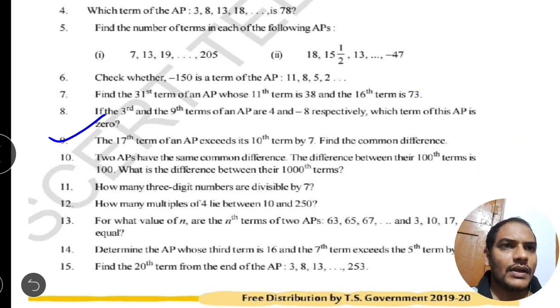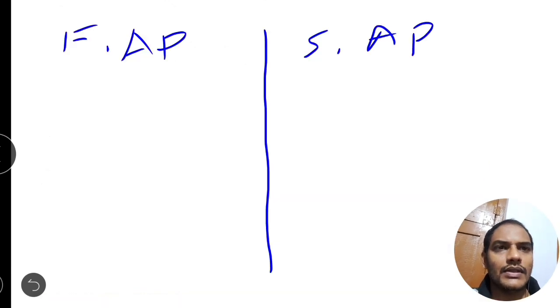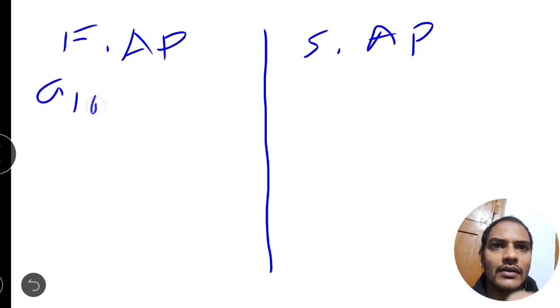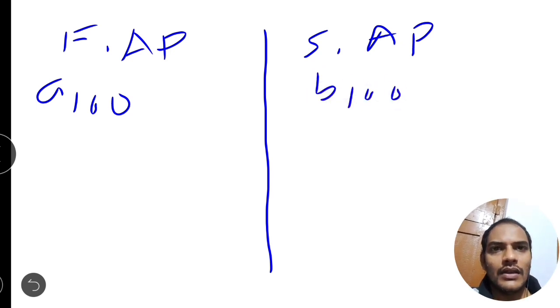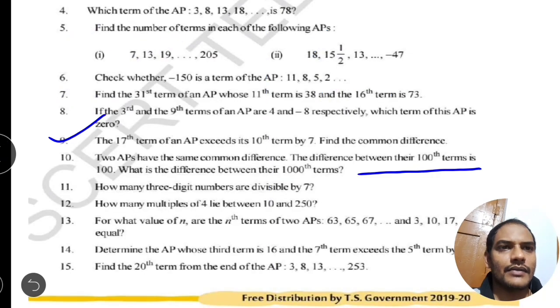So here, the difference between their 100th terms. See here, first AP, second AP. In the first AP the 100th term is A100, and in the second AP the 100th term, I am taking the new variable, B100. They have the same common difference.